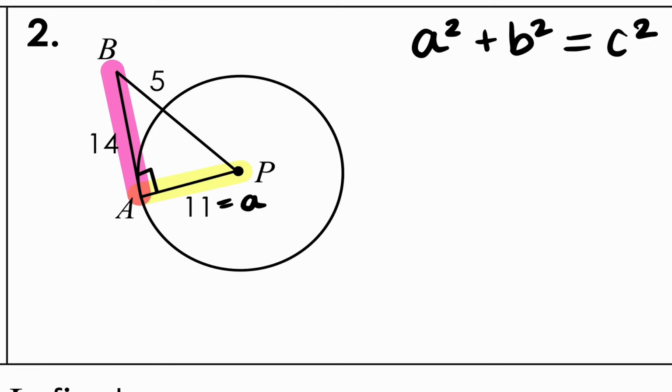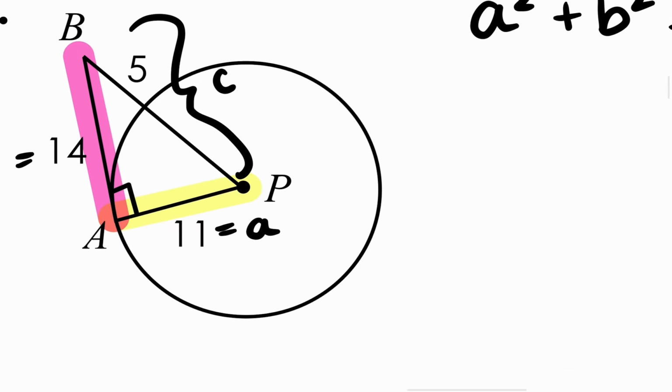The smallest leg would be our A, the larger leg would be B, and the hypotenuse would be C. First of all, we're given that this small portion of this line is 5. In order to find C, we do need the rest of the hypotenuse here.